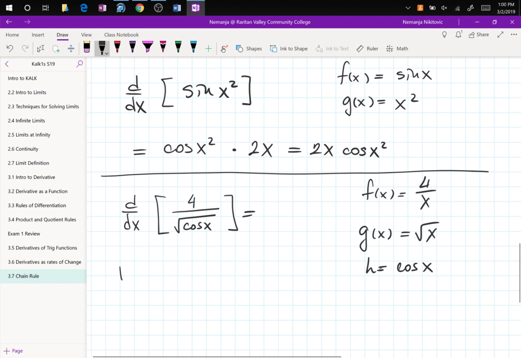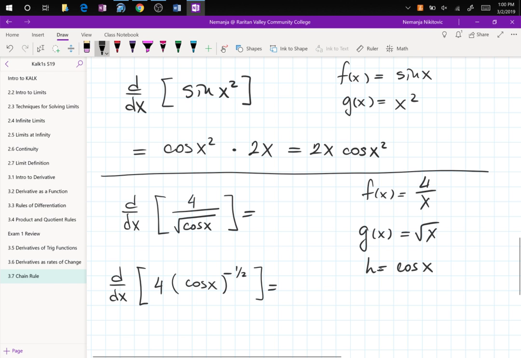So to do this, I'm going to rewrite it as 4 cosine x to the negative 1/2. Because it tends to be easier if you write it in this way.